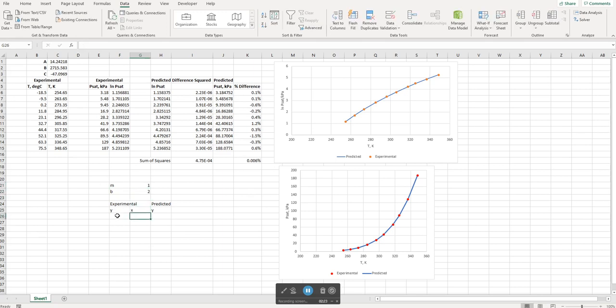Then I'd have my experimental values for y and x, and I would plug in my model, which is y equals mx plus b. I would use these initial guesses to get a predicted value. Then I would calculate a difference, and then a difference squared. I would sum up those squared differences and try to minimize that. I would try to find values of m and b that minimize the sum of squares. That is called least squares or linear regression.